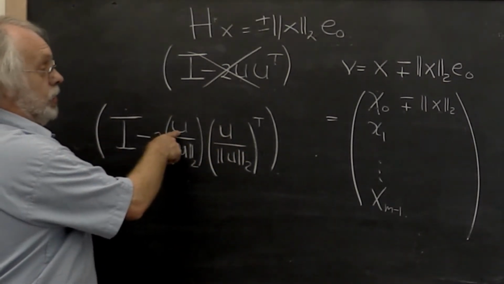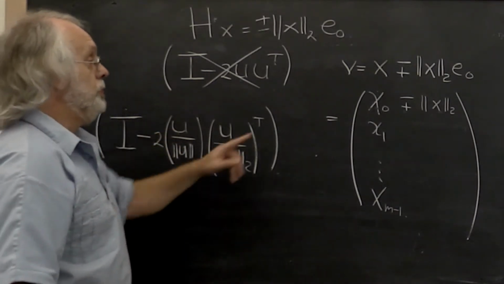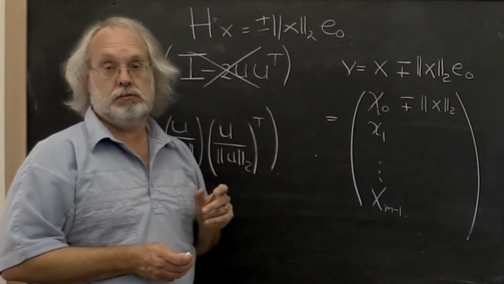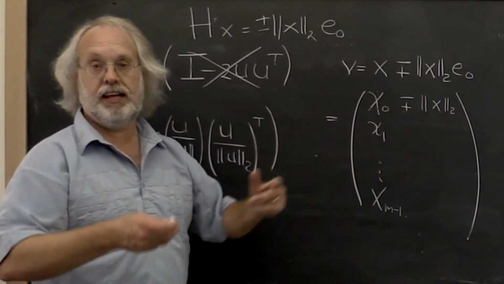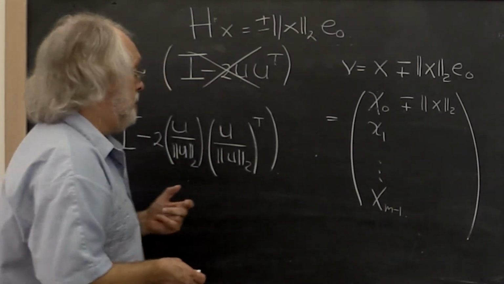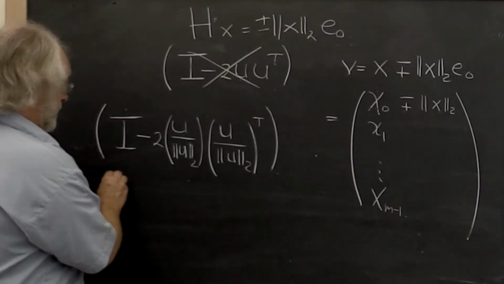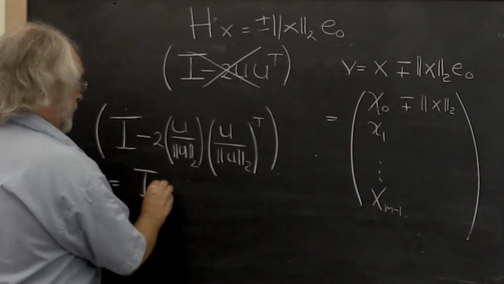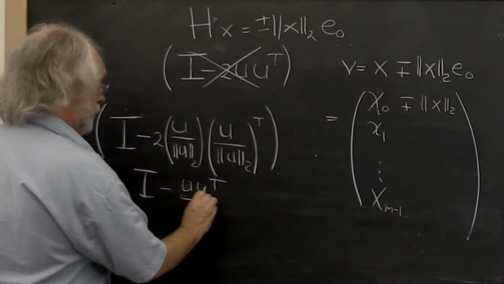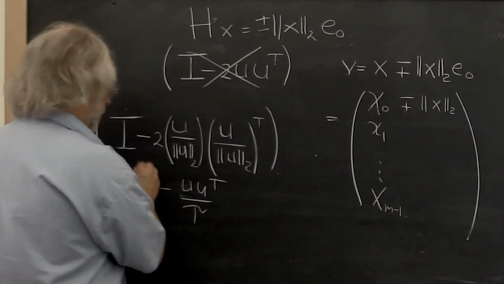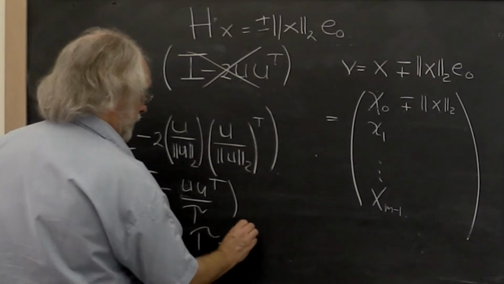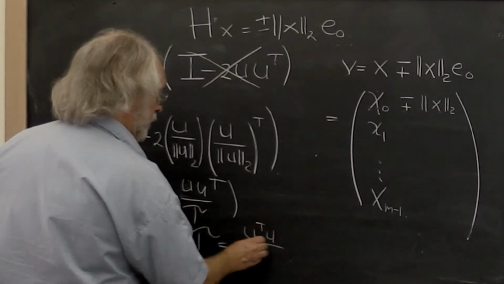Now we could take u to be in the direction of v, but scale it any which way we want. You shouldn't scale it by 0, but other than that you can pick any scaling factor you want. This then is equal to I minus u u transpose over tau, where we pick tau to be equal to u transpose u divided by 2.